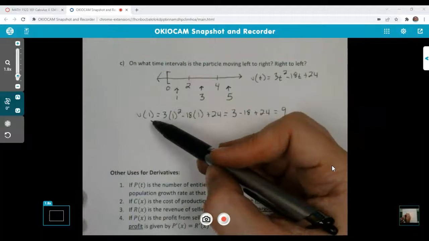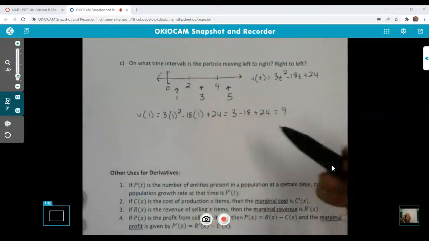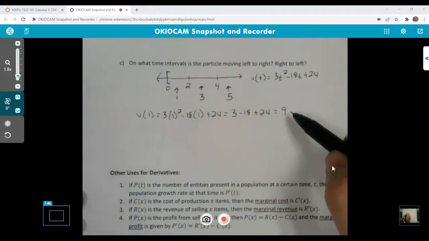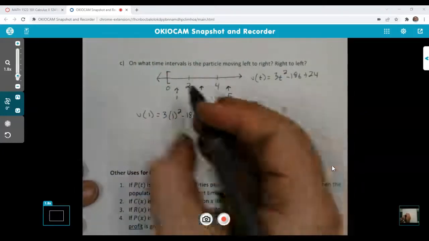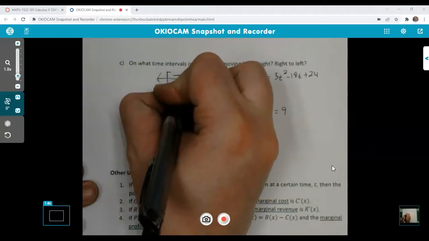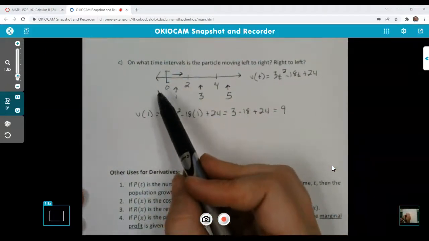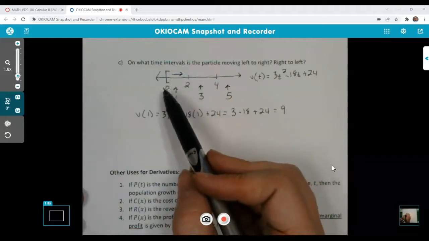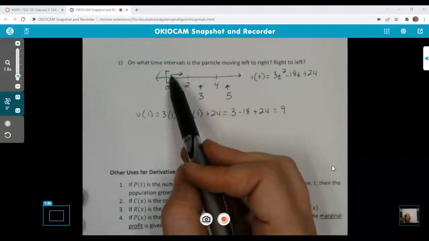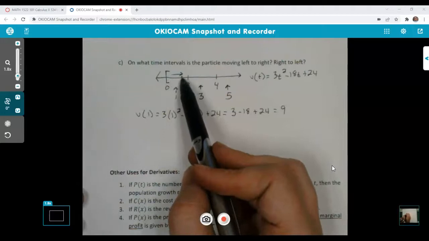So the velocity at time equals 1 is positive 9. Since it is positive, at 1, I'm moving from left to right, the positive way. So everywhere from 0 to 2, I'm moving from left to right.